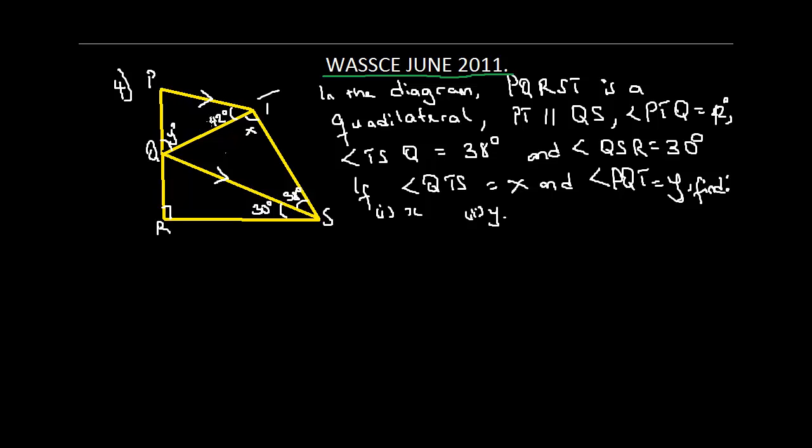Okay, so from here, let's look for a way to get X and to get Y. Now, before moving any further, you can see that PTQ is also equals to TQS. This is equals to this. Now this is TQS, so that means this is also equals to 42 degrees. Now why?